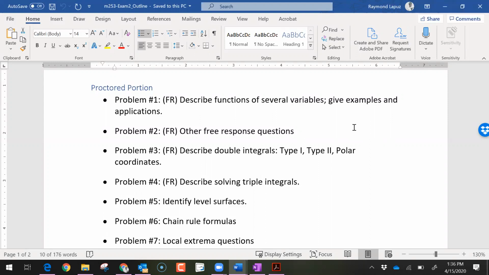But that's generally what it is. Or can I use level curves? That's also 3 variables, level curves.